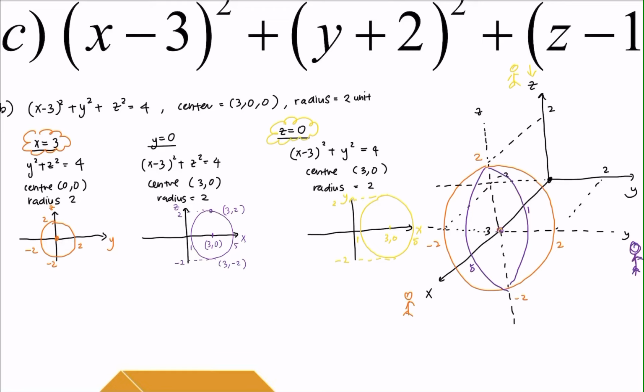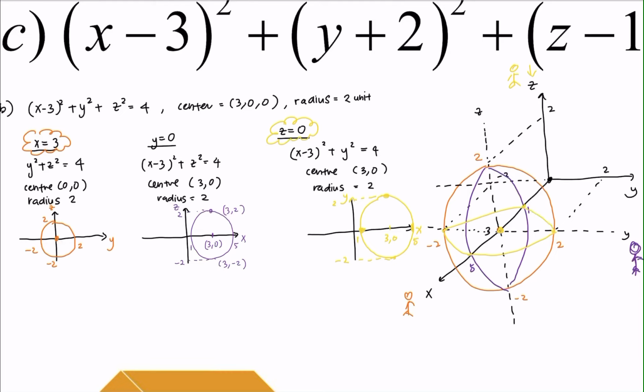So (3, 0) is here, and you can see it intersects at 5. We have 5 here, and then minus 2, and then here is 1, and here is 2. You can just merge them, so that is your circle.